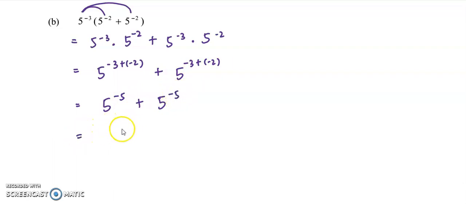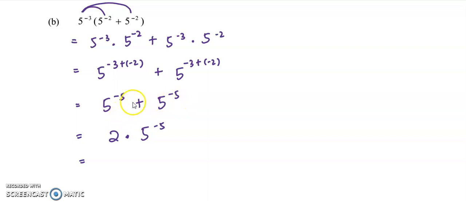Okay, so now you have 2 of 5 power of -5. Alright, you have 2 times, as if this is an apple, and this is also one apple, apple plus apple, you get 2 apples. Or you may just use the factorization method. You factor out the 5 power of -5.